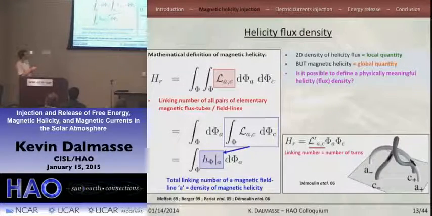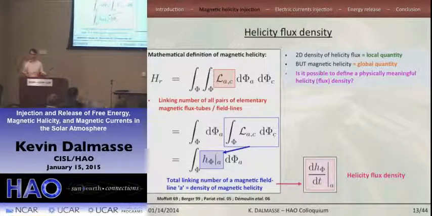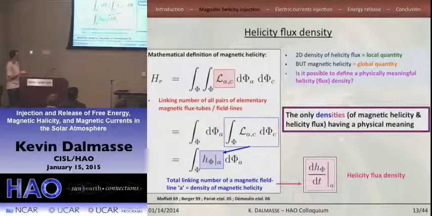So h_phi defines a density of magnetic helicity, and its time derivative defines a helicity flux density. And this helicity flux density quantifies the variation of the total linking number of each magnetic field line in your configuration. And these two quantities are the only ones that have a physical meaning.